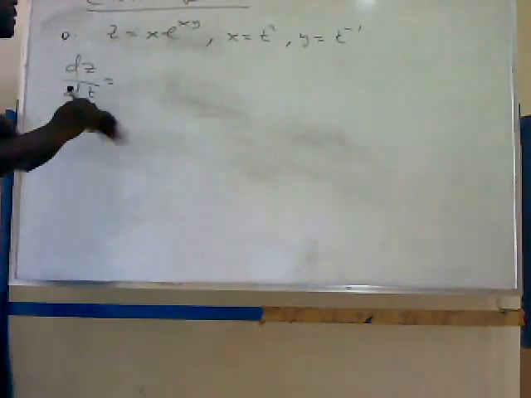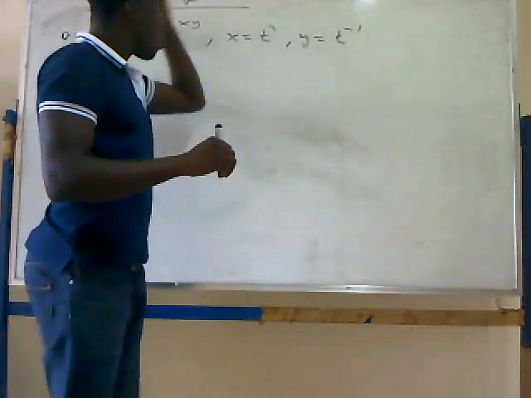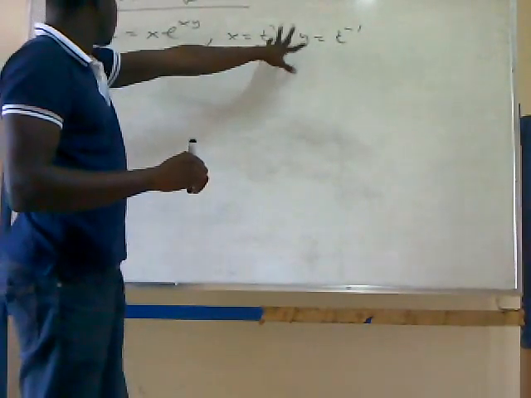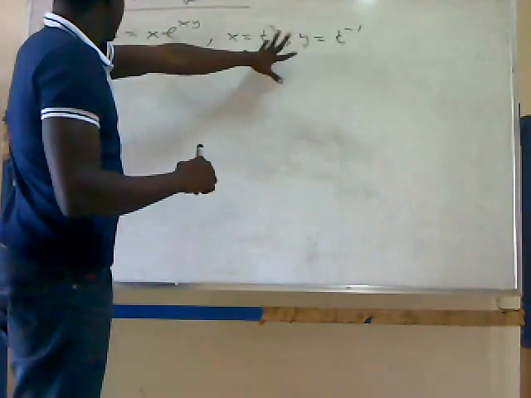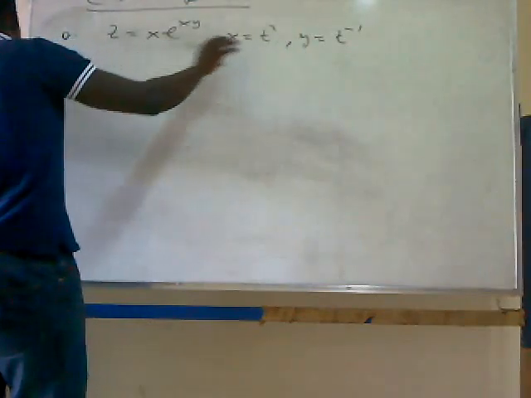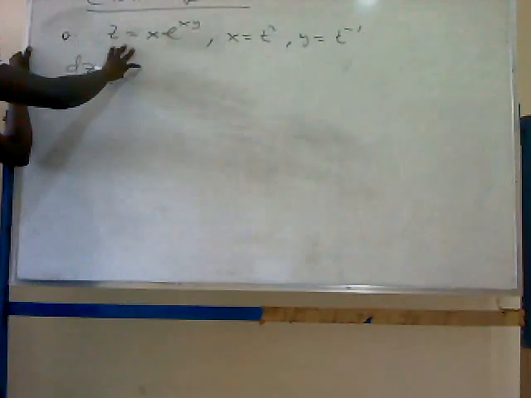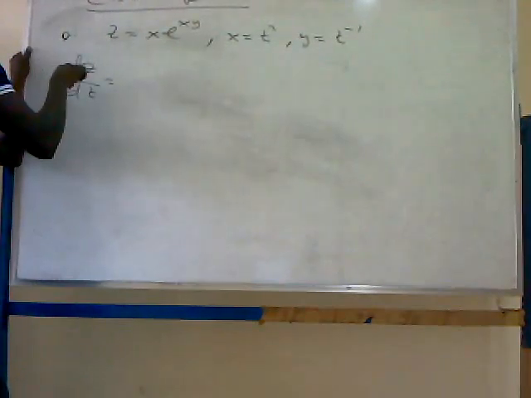Now remember, since x is a function of t and y is a function of t, when we replace x and y by their respective t functions, z becomes a function of only one variable. That's why we say dz/dt.